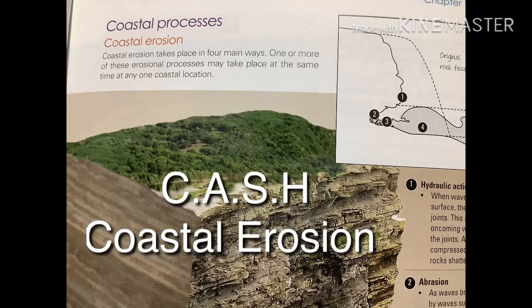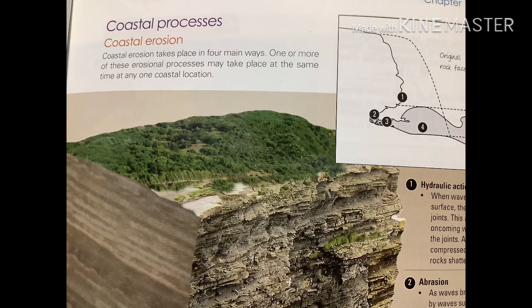Now the next section we're going to look at is coastal erosion. Coastal erosion is basically the process which changes the look of your coast. In erosion, you will learn four main erosional methods under the acronym CASH: corrasion, attrition, solution, and hydraulic action.